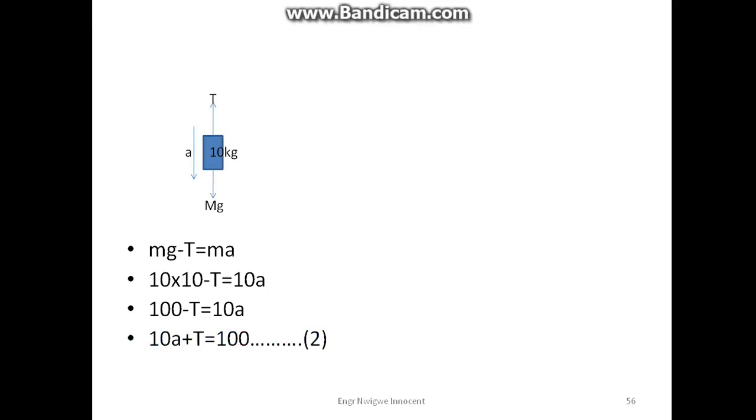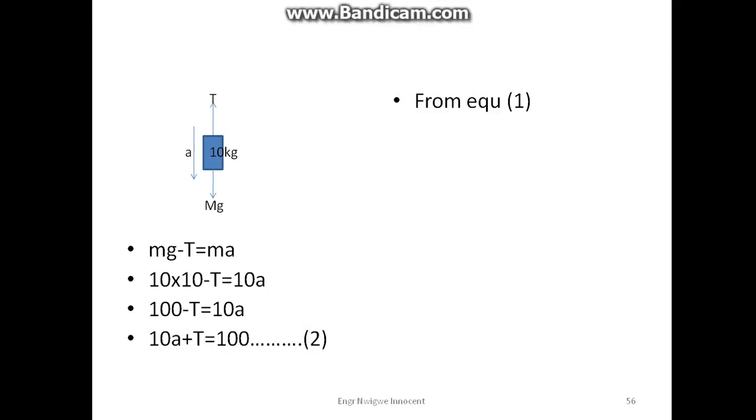Then, making the unknown values be on one side and the known values on the other side, we have 10A plus T is equal to 100. This will be our equation 2.